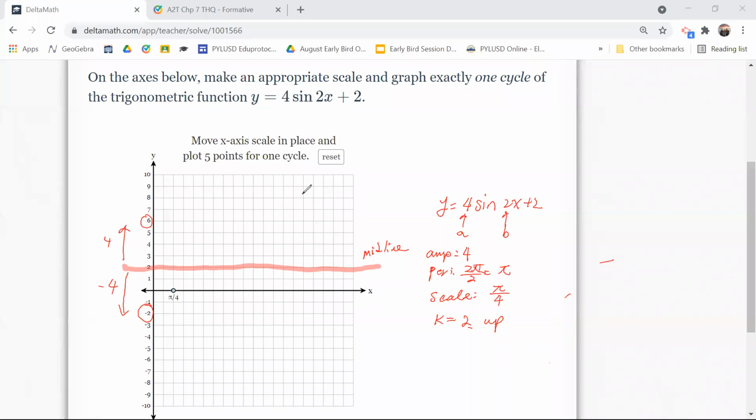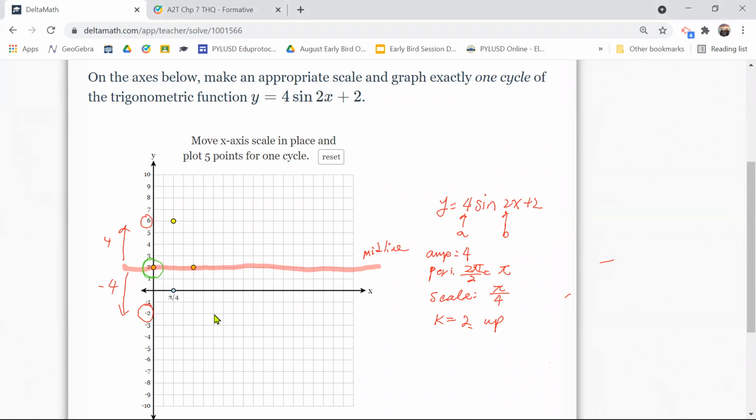Now ready to graph. This is sine. Sine starts from the middle. So this is our new middle. I'm going to start right here. Right there. And now we're going to go up, middle. Okay, we're in the new middle.